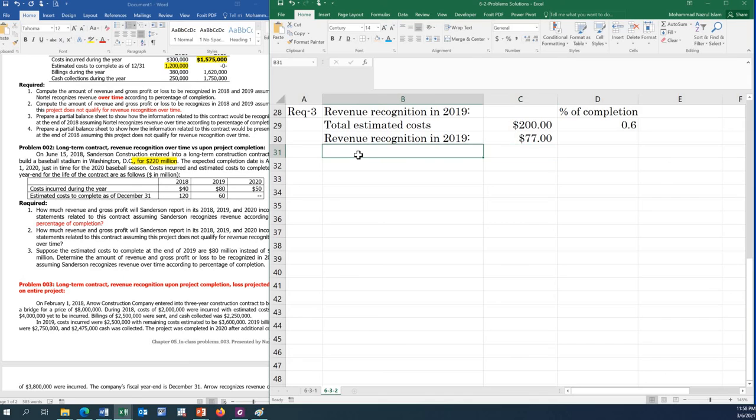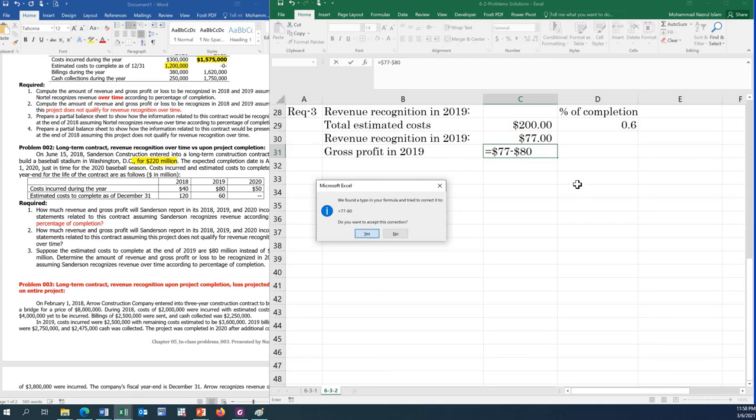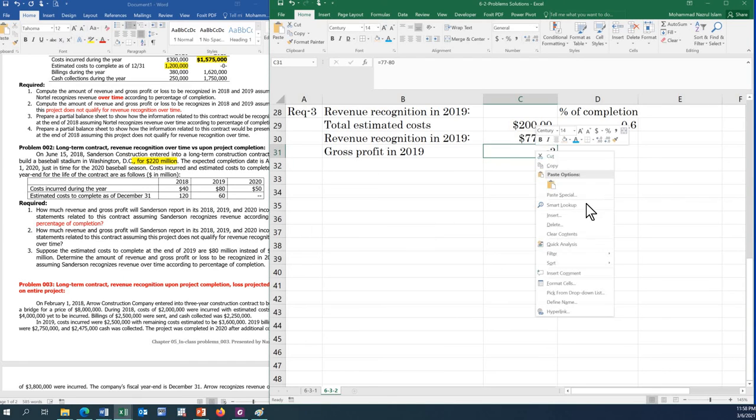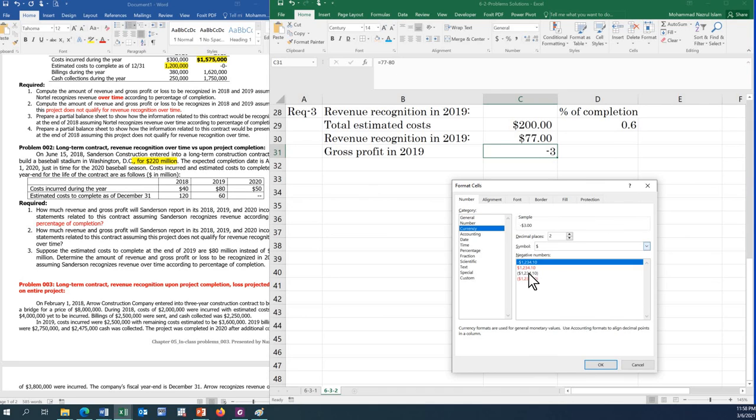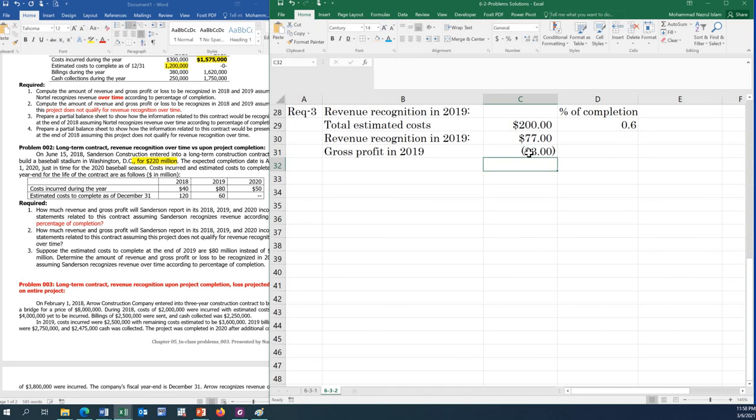And now the gross profit in 2019: 77 is the revenue and the cost is 80. So it should be $3 million, a loss. So this is a $3 million loss in 2019.